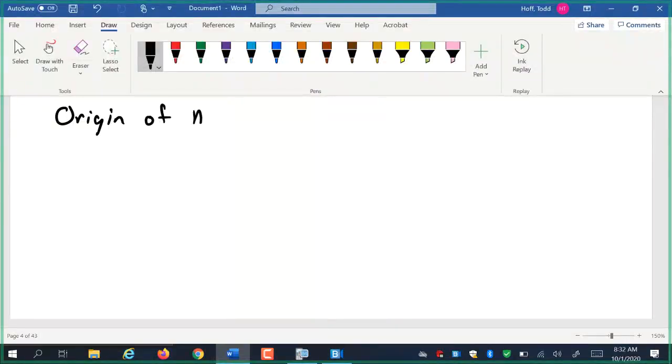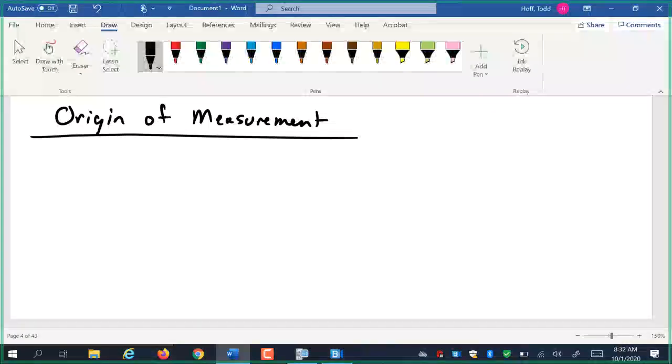Measurement really arose because of two needs. One was communication. Let's say we're both trying to build an object and we want them to be identical. Well, if we're working in the same room, it's not that hard to do. I can just walk over to you and take whatever piece you're having and mark mine off to be the same size and go cut it and back and forth.